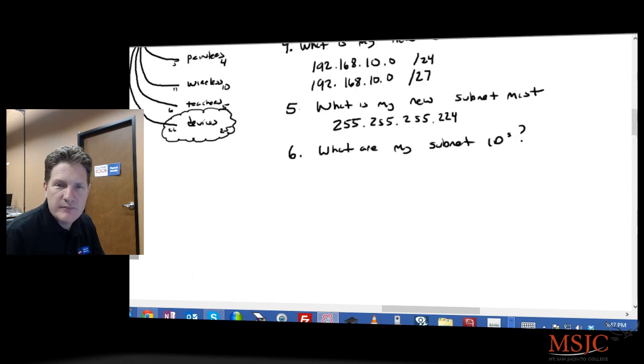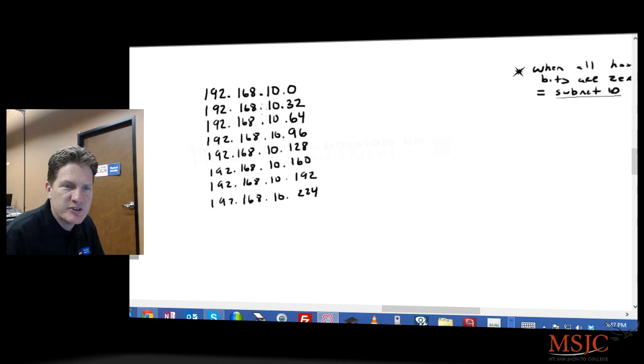All right, next step, number 7. Number the subnets. When you number the subnets, you must always number the first one as number 0. This is called subnet 0. The next one is number 1. Never start with the number 1.